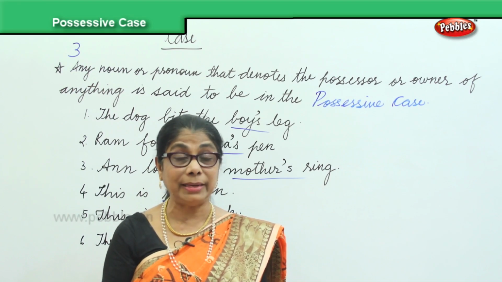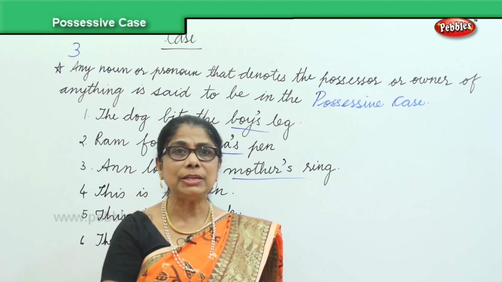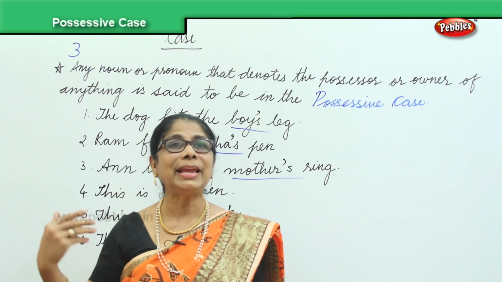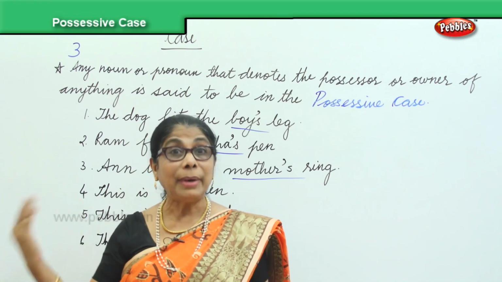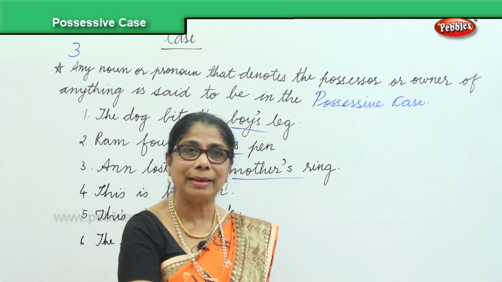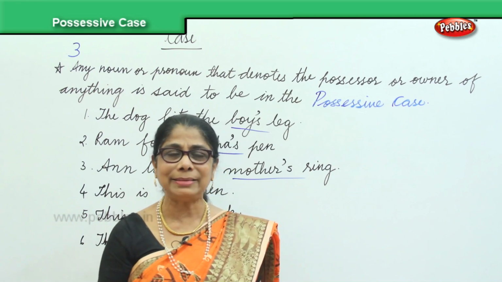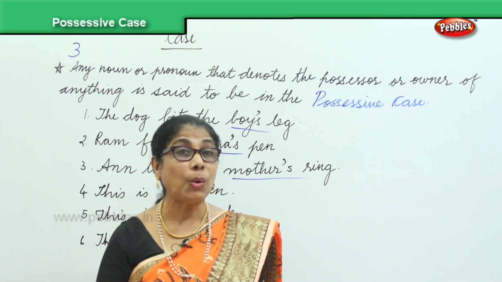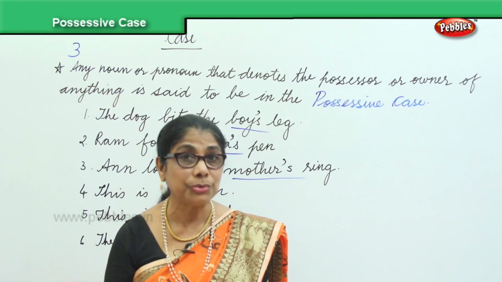Supposing somebody finds a storybook of yours, you will say that is my storybook. Supposing you say Maria found a bag. Now whose bag is that? Then you will say that is my bag. Asha says my bag, owner. Who does it belong to?